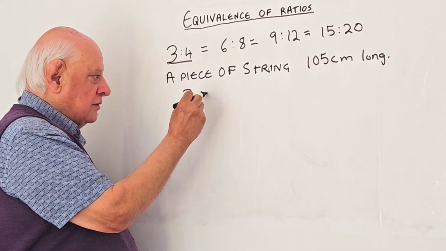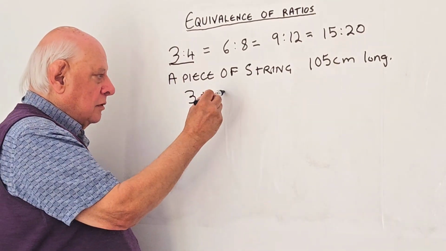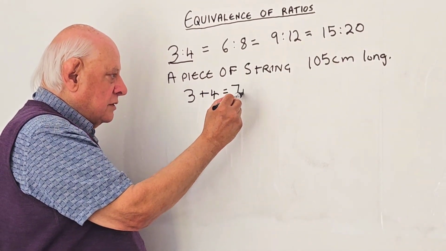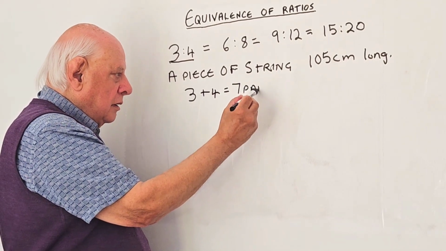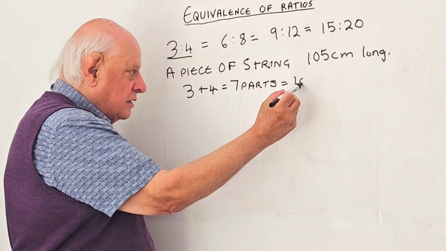3 plus 4 equals 7 parts, and that is 105 centimeters.